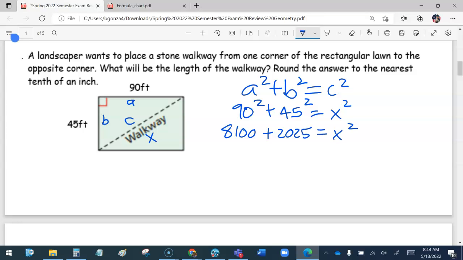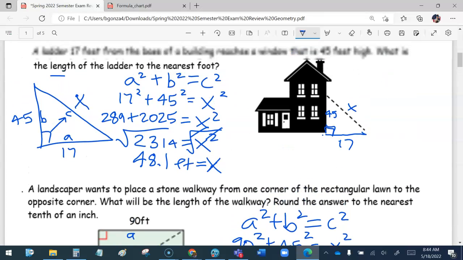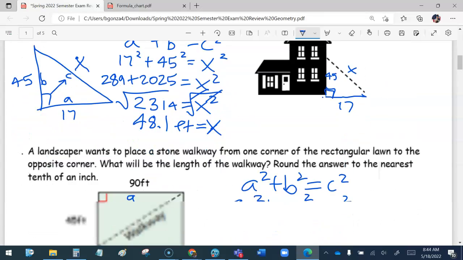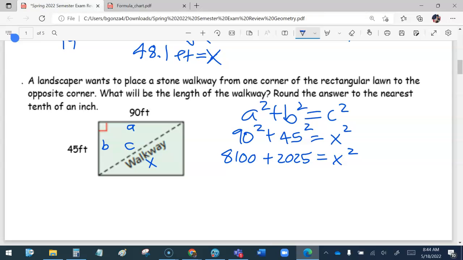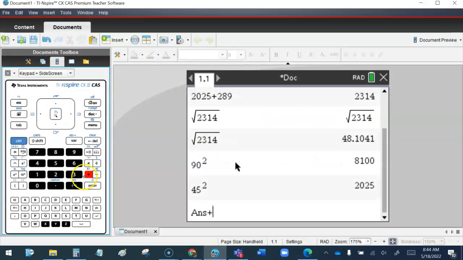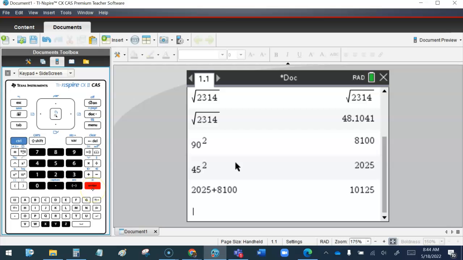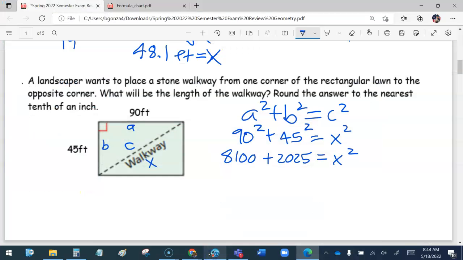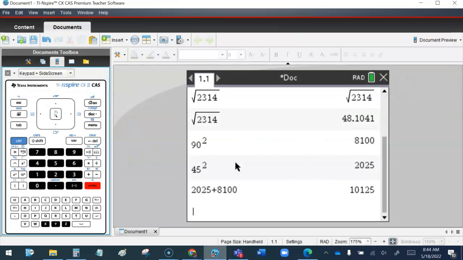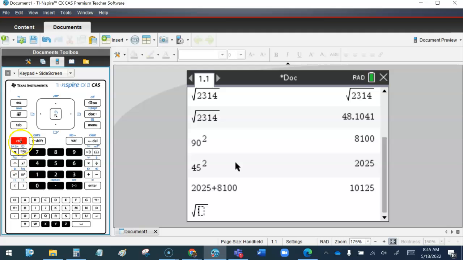Cool. So I'm going to add those together. 10,125. And that is not the answer. That's still x squared. So to get rid of a square, we must square root both sides. So let's do square root.